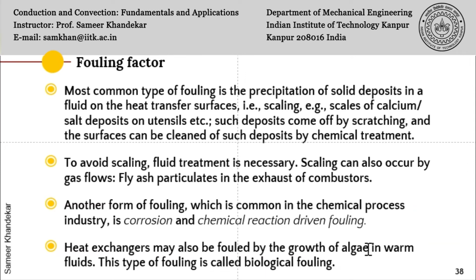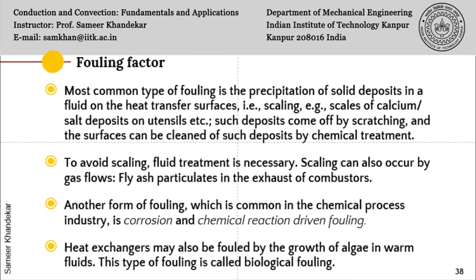They are like ceramic materials which get deposited, coral or shell type of material, which these animals like to make in the warm water, which gets stagnant inside a heat exchanger. For example, if you don't operate it for a very long time, then algae and biological fouling can also happen. Vegetative growth can also take place inside heat exchangers. So these are real time important issues which we must take into account.